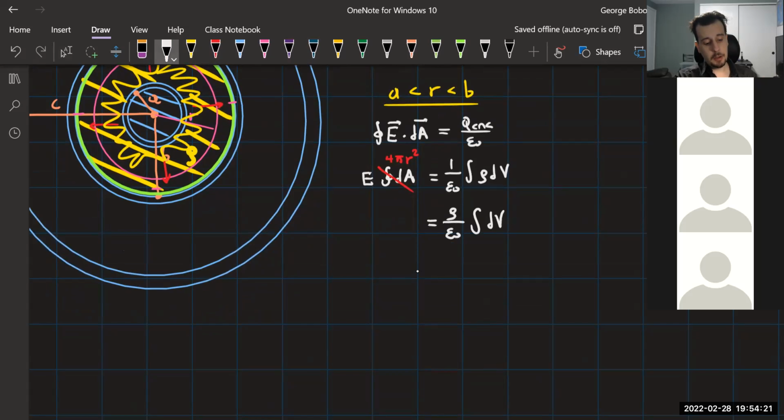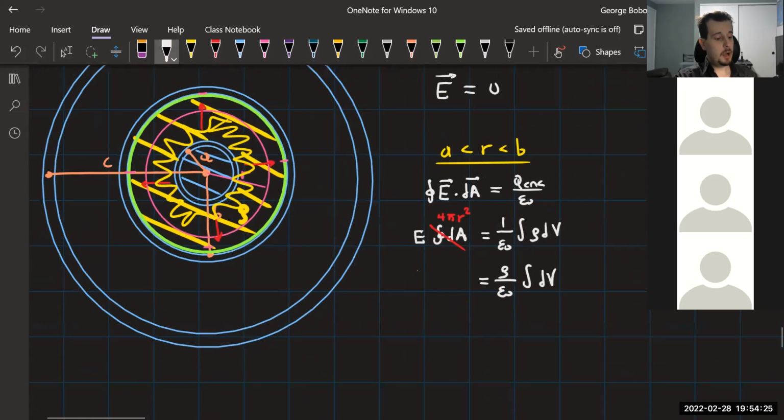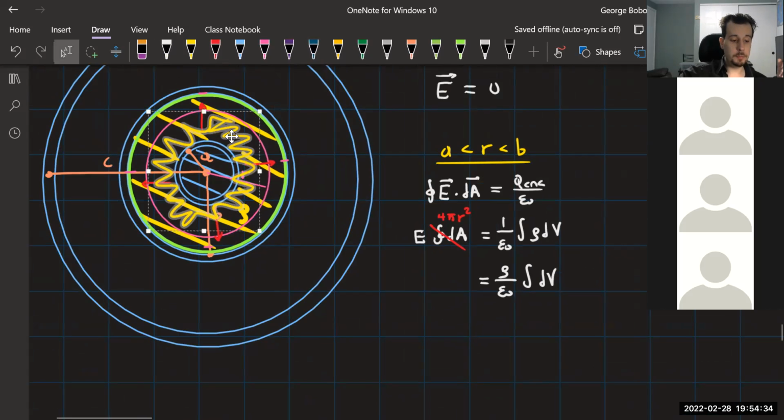And Kelly, I only need the volume right now, the volume of the enclosed charge. Look where the yellow shade is. Actually, let's make it a different color so it pops. Maybe red. Look what I'm shading here. That's what the charge is that you're enclosing. So what could you do to find the volume of this region?